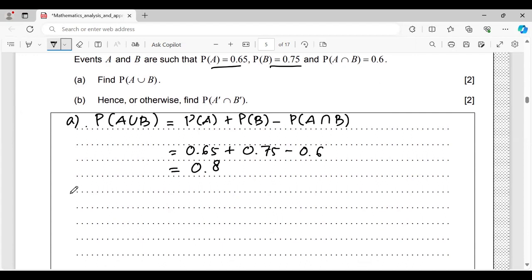Next, b. Hence, or otherwise, find probability A apostrophe intersection B apostrophe, or probability non-A intersection non-B.